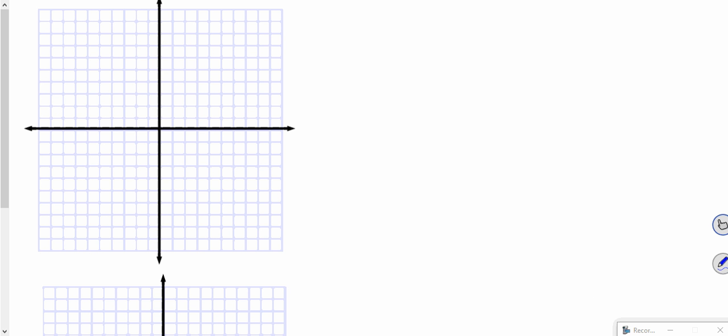So this first one says our equation of the circle is (x minus 2) squared plus (y minus 4) squared equals 25. Now, let's remember that this is my h, this is my k, and this is my r squared.